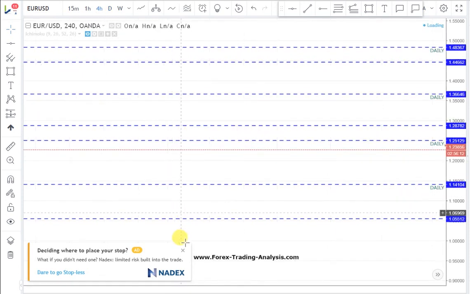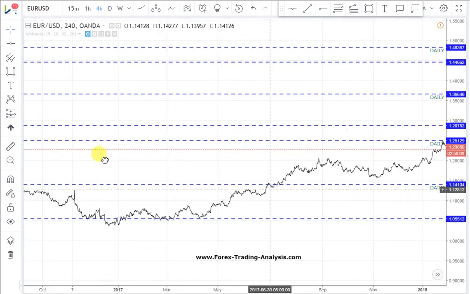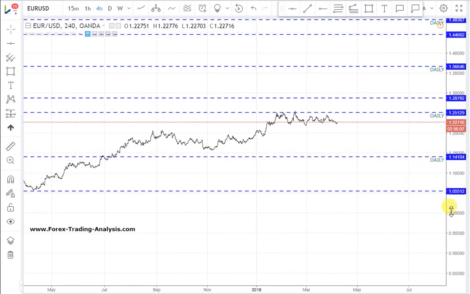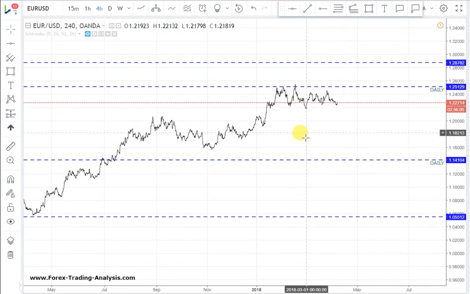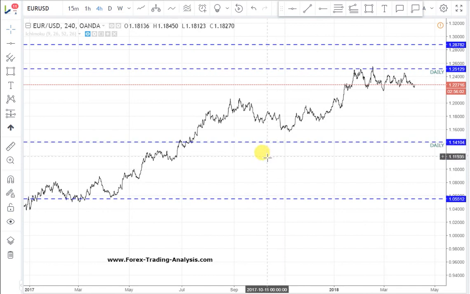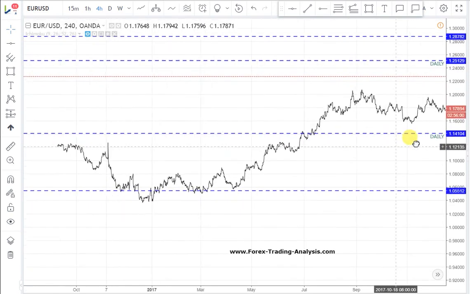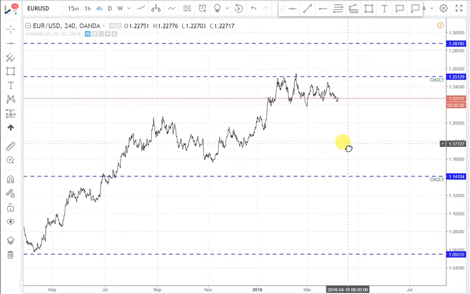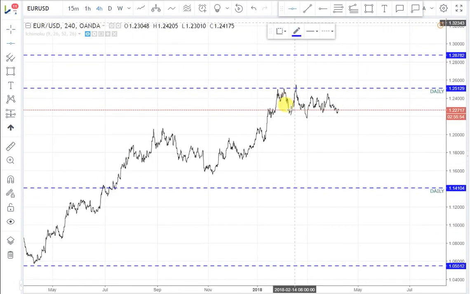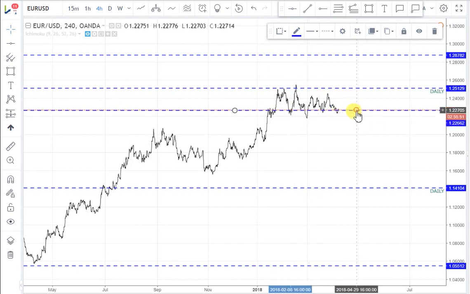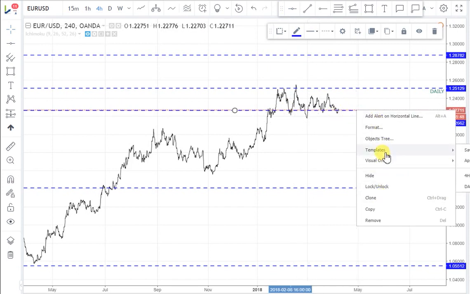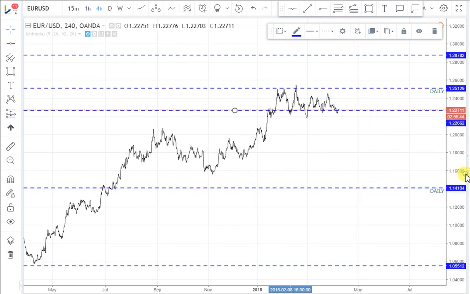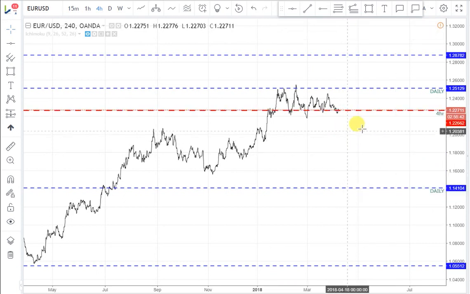So when we move on to 4 hour, shorter time frame, Euro has a lot of consolidation over the last year or two, so we'll make some other lines, designate those as 4 hour, a different color, just so we can kind of see the differences.